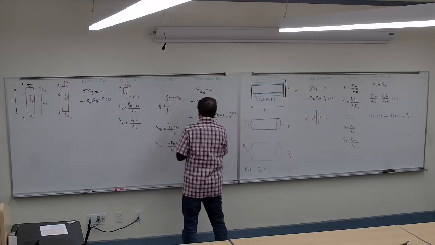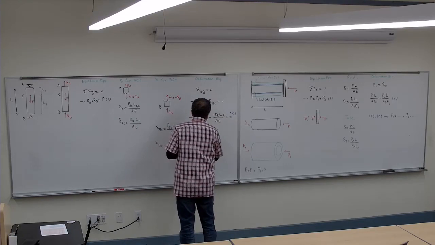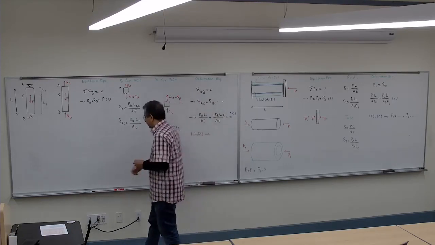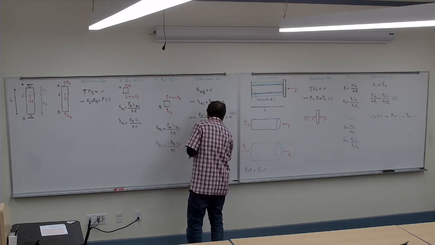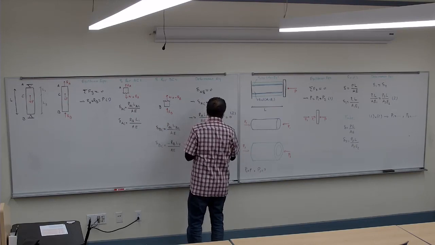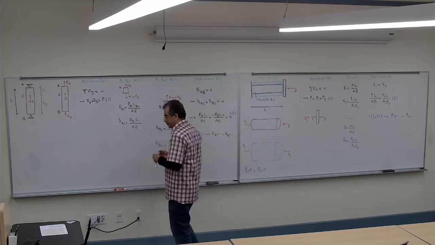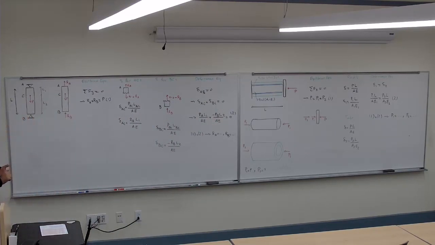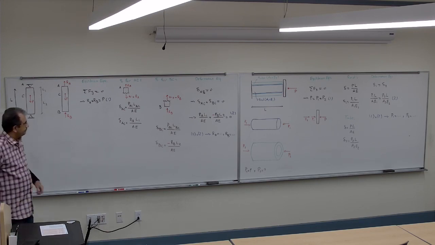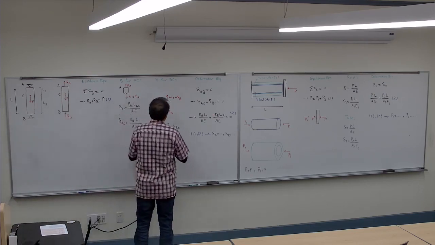So I can use equation 1 and equation 2 to find P1 and P2, or RA and RB. So any question about this?